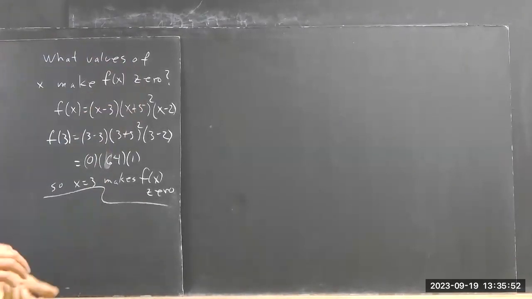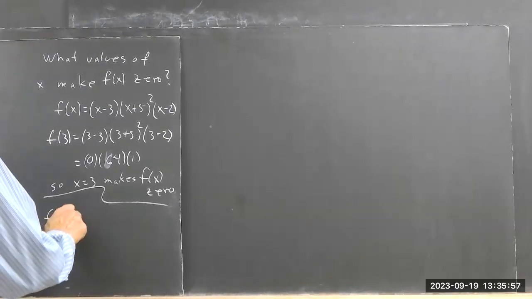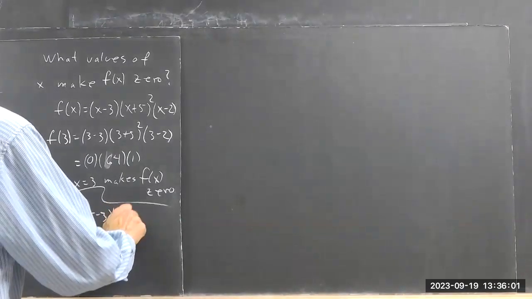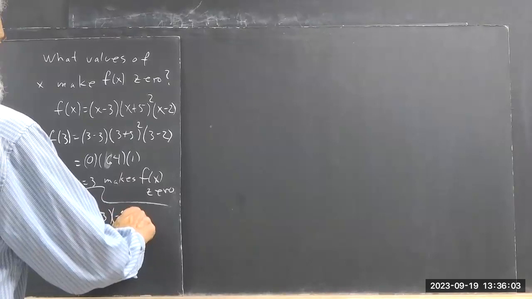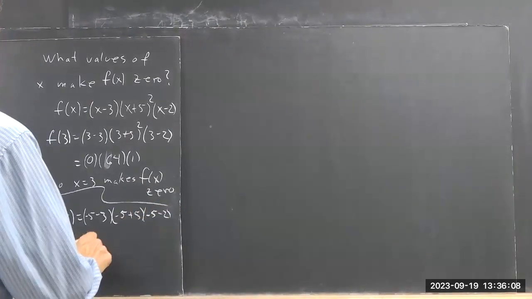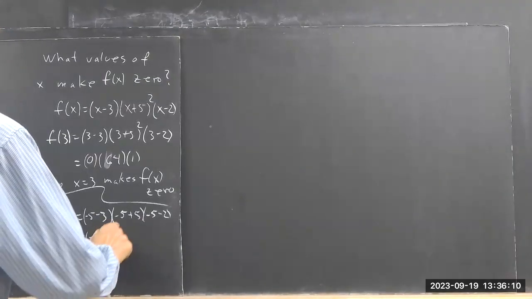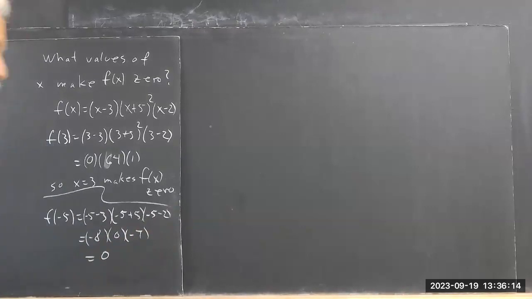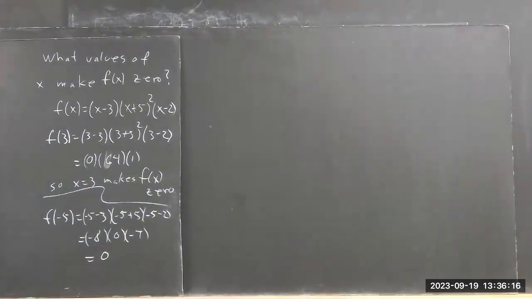X is -5. Okay. Because again, all you've got to do is have one of these factors equal to 0.